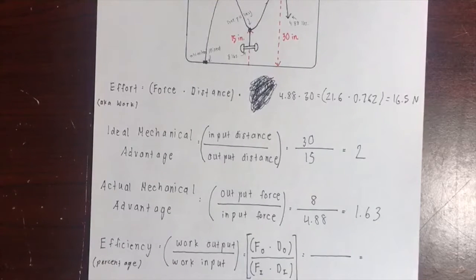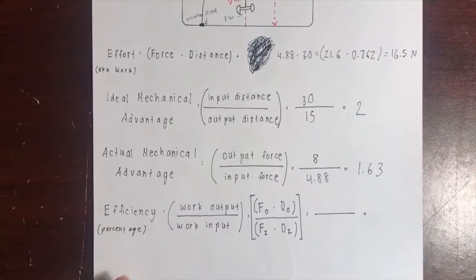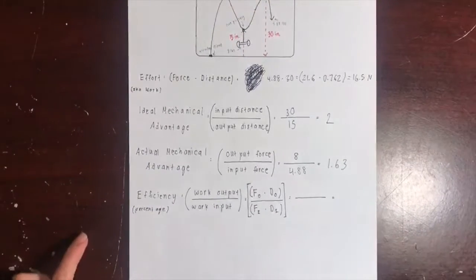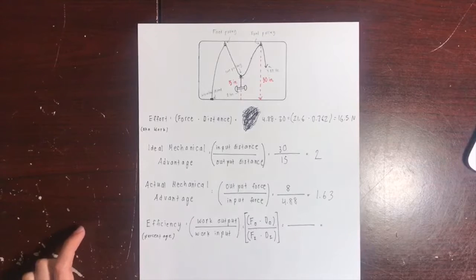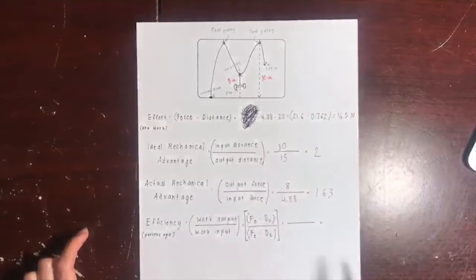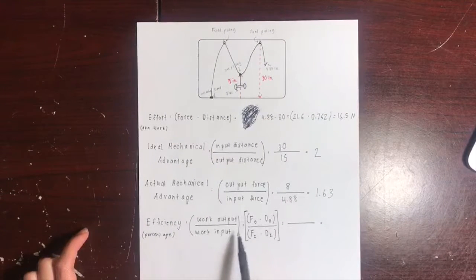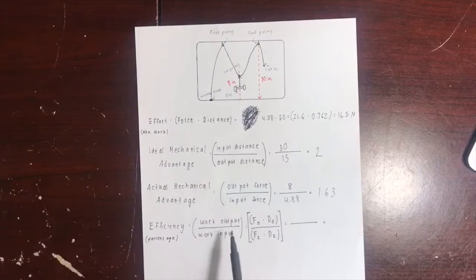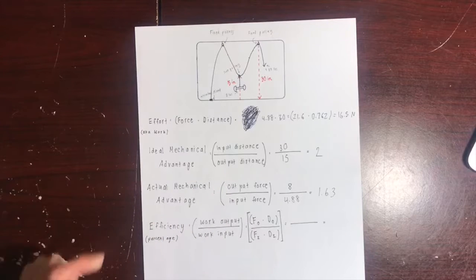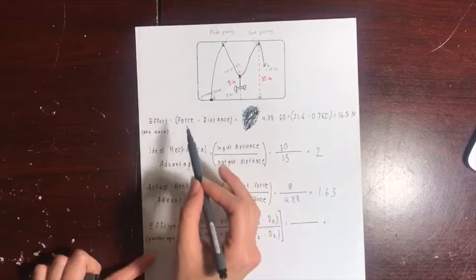So to measure how efficient our machine is, we can use this formula, because when you have a machine, you want to see how useful it actually is. Using the formula of work output over work input, we're reminded that work is effort. It's the same thing. So we know work is force times distance.